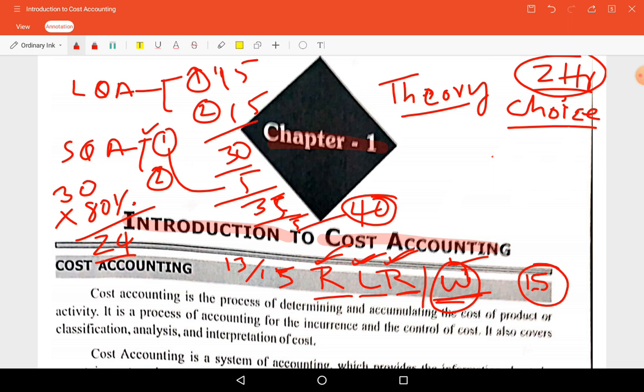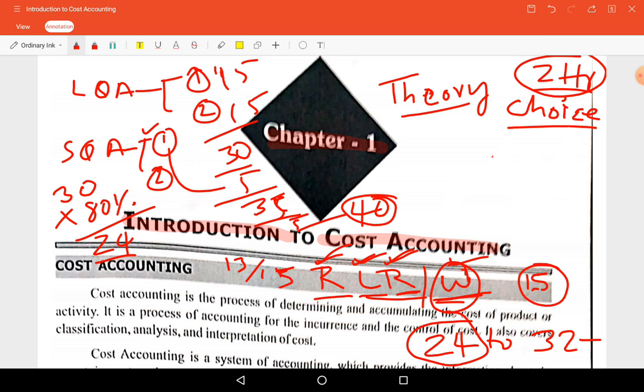If you do this for this chapter, you are going to get 24 to 32 marks from this chapter. Your passing is crossed here itself, or you are about to pass if you get 24 marks.